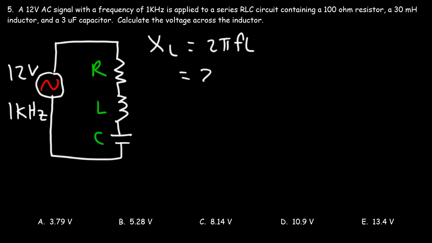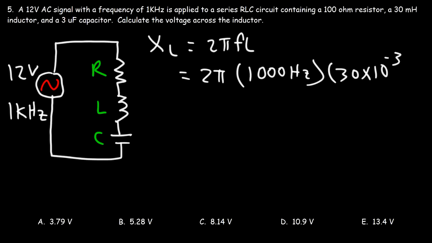So that's going to be 2 pi times the frequency, which is 1 kilohertz. Kilo is 1,000, so that's 1,000 hertz. And then times the inductance, which is 30 millihenries, or 30 times 10 to the minus 3 henries. So let's go ahead and plug this in.